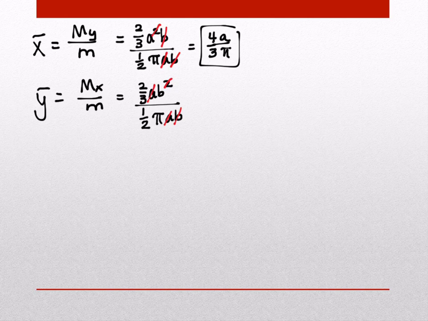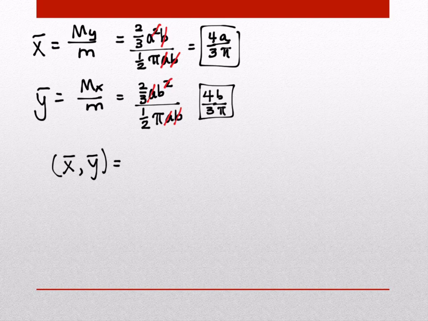And then again, 2/3 times 2 would be 4/3. So I have 4b over 3 pi. So the centroid, x bar, y bar, is actually 4a over 3 pi, 4b over 3 pi. Any questions on that?